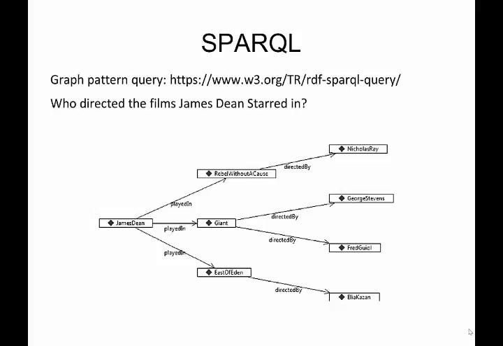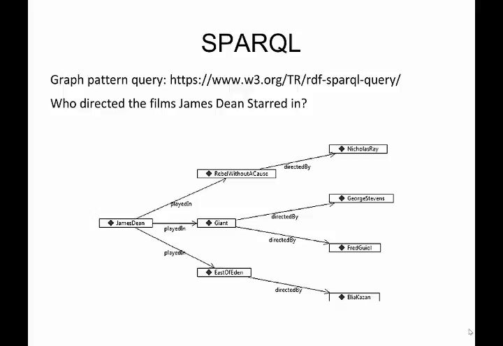Right. We have a graph. We want to make a query. How do we query across the graph? So, who directed the films James Dean starred in? We've got our graph.